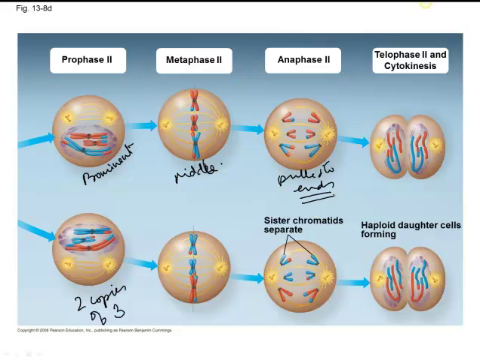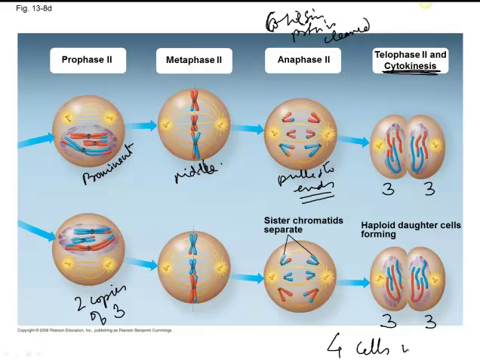Here the cohesin protein is cleaved, and in telophase 2 you have the nuclear membrane being formed again, and I would have 2 nuclei present in it till cytokinesis takes place. When cytokinesis takes place, I will have 2 haploid daughter cells forming. That means I'll have 1 cell with 3, another cell with 3, another cell with 3, another cell with 3. So I started with 6 and I ended up having 4 cells with half the chromosome number.